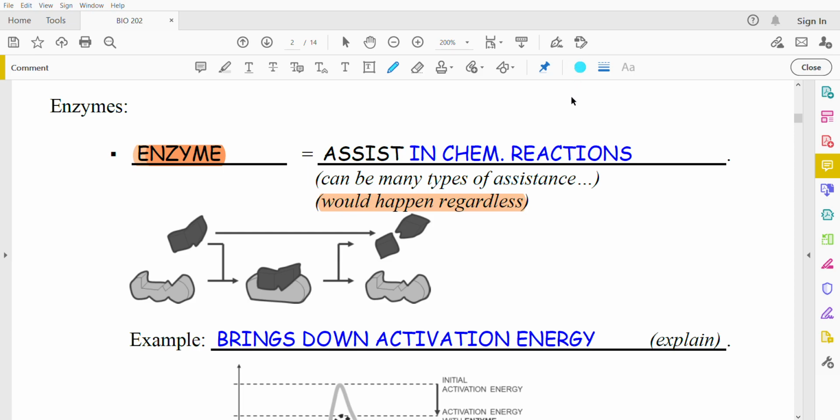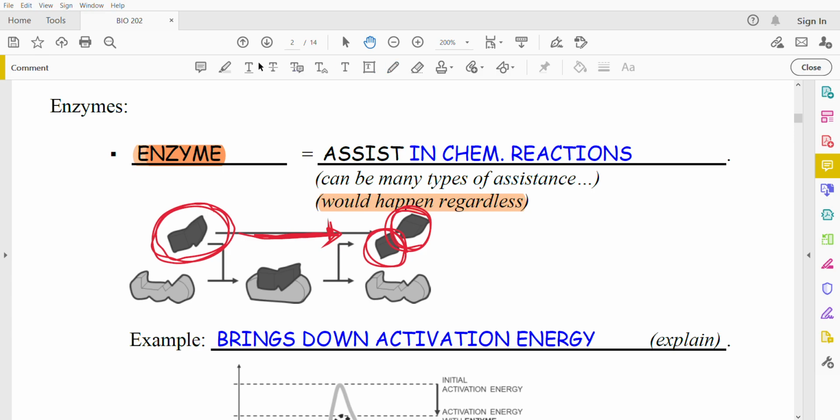And in this example, we're looking at this block here. This block in this chemical reaction would normally get broken into two parts. This would happen regardless whether we have an enzyme or not. It would be broken in two parts.